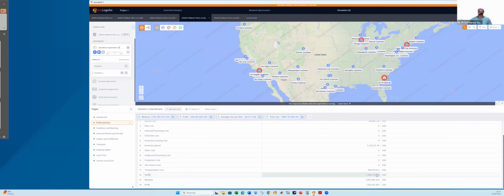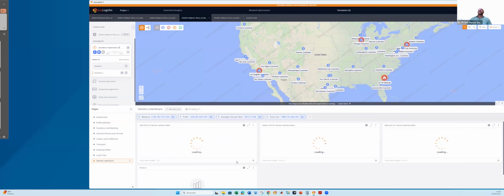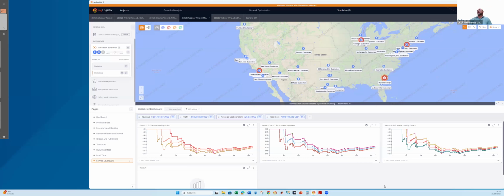Okay, so I control the tariffs. I dropped the tariffs as I wanted, and I need to see what happened with my service level. I lost service level. Probably I should tune my distribution policies a bit more, because this new backup center was empty.